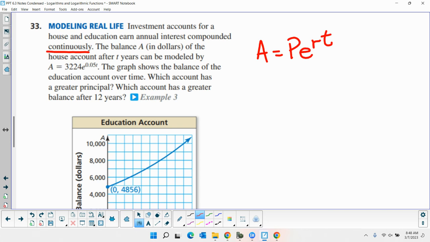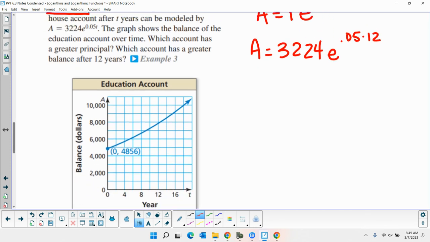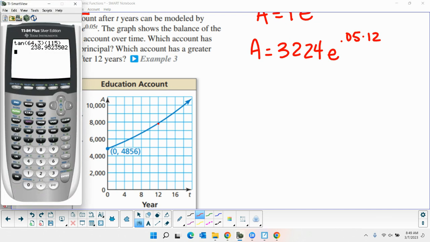Which account has a greater balance after 12 years? Okay, so this one I'm going to do times 12 and get that answer. And then here, I'm going to look where 12 is and find it right there. It's a little bit less than $8,000. So let's see how much that is.